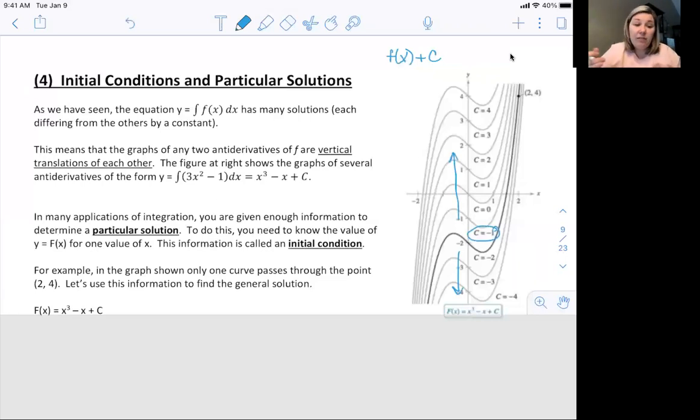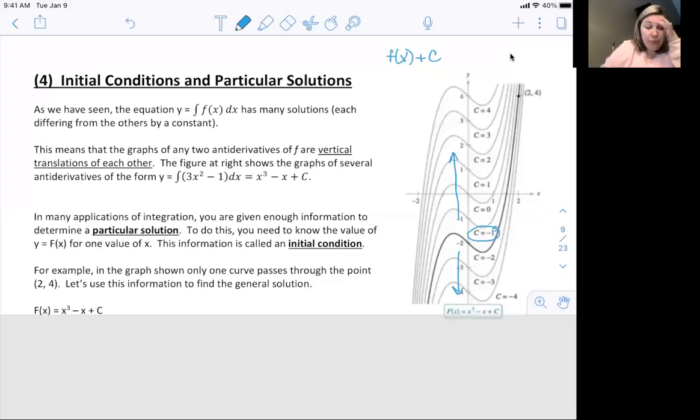So in many of the applications of integration that we're going to look at the rest of this unit and into the next, you are often given enough information to determine a particular solution. That helps us determine what the value of c should be based on what we would call the initial condition that we have been provided.